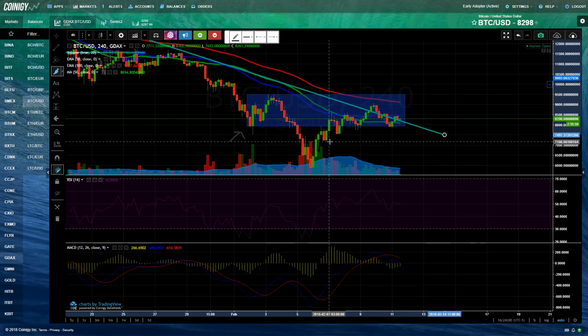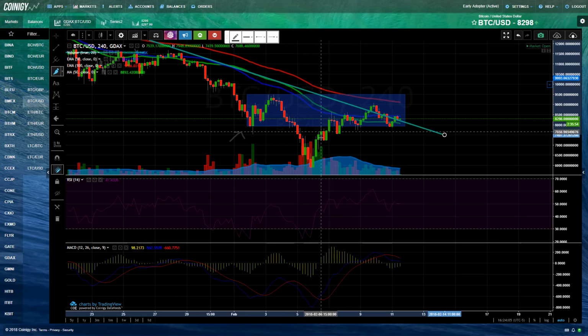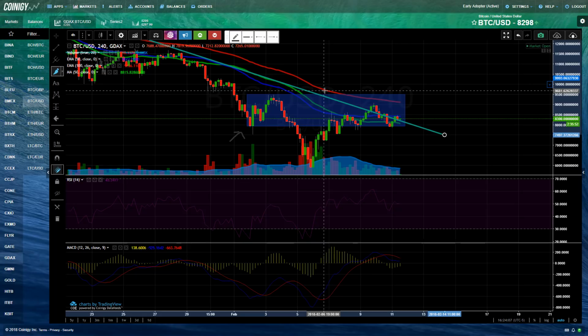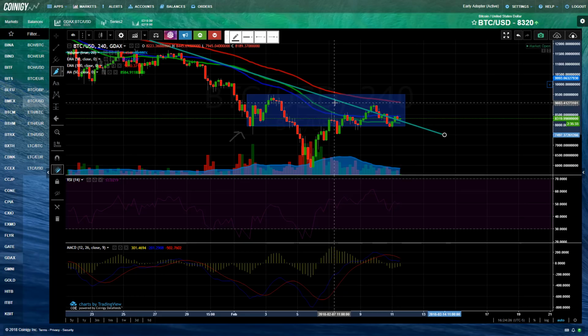Then I have our moving averages. I have the 100-day EMA, the 50-day EMA, and the 50-day simple moving average. The EMAs are exponential moving averages, which put more weight on more recent pricing activity, and the simple moving average obviously doesn't.